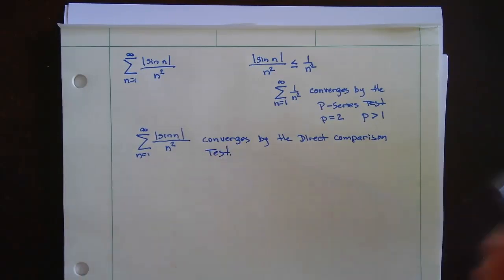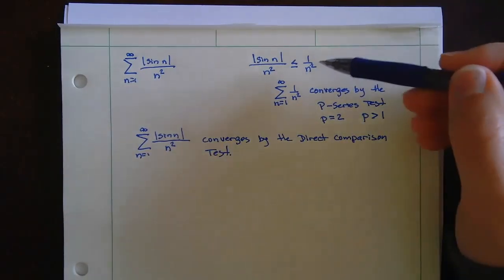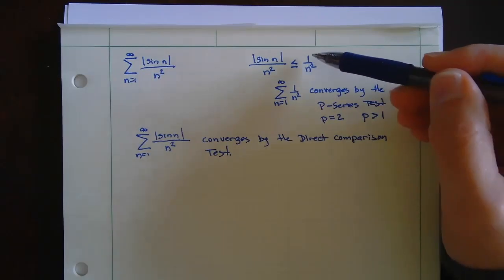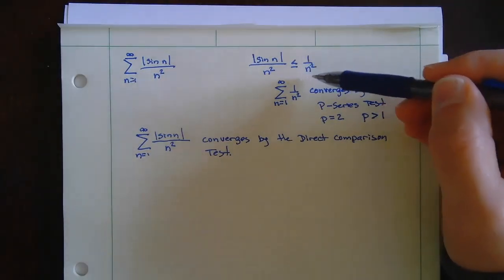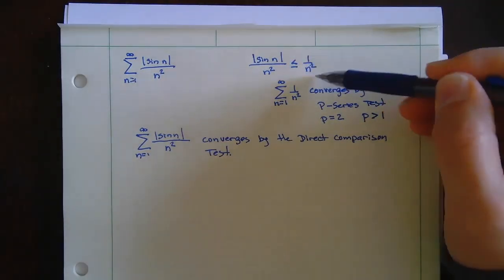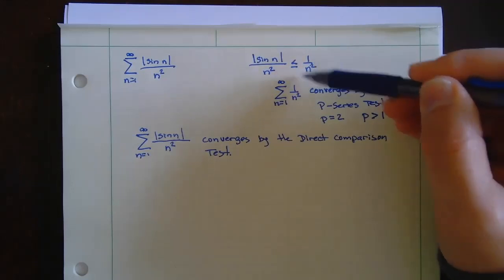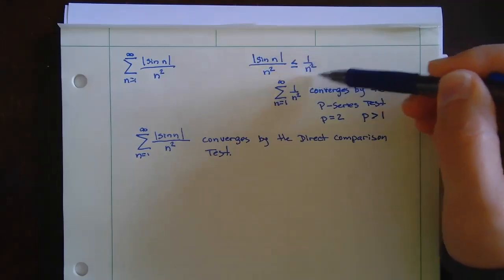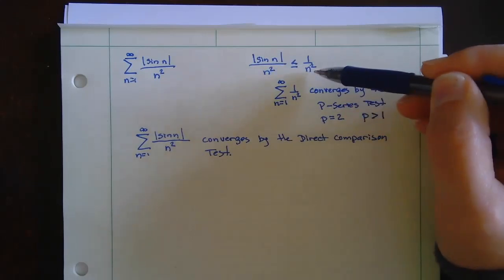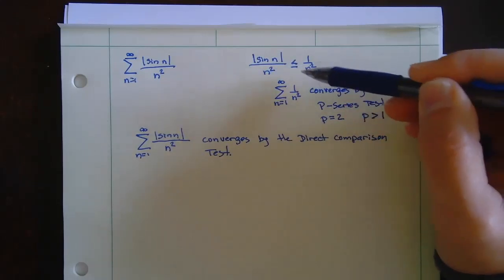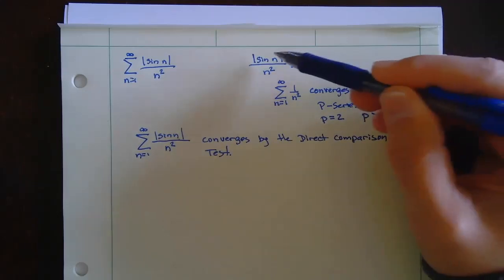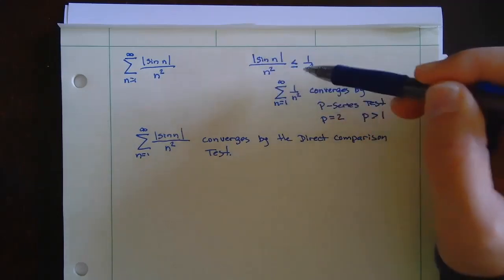Maybe I didn't say enough about this. If the bigger function converges, and that's the one we're establishing, and this one's smaller than it, then by the direct comparison test this one must also converge, because it's sandwiched.